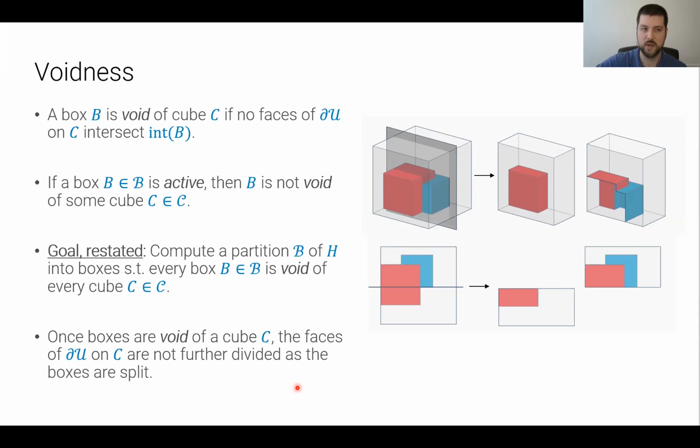So we're going to say that a box in our partition, as it's evolving, is void of one of the input cubes if none of the boundary faces on that cube intersect the interior of the box B. So of course, if a box is active, then some part of the boundary intersects its interior, and hence B is not void of whichever cube contains that face of the boundary. So we'll restate our goal as computing this partition for which every box is void of every input cube.